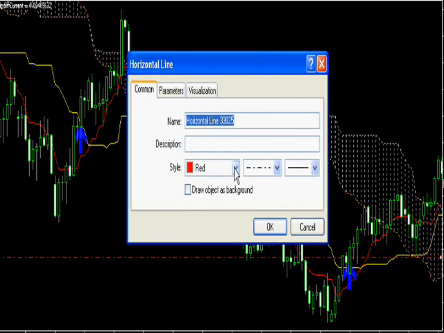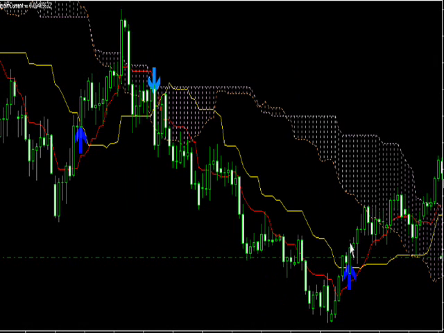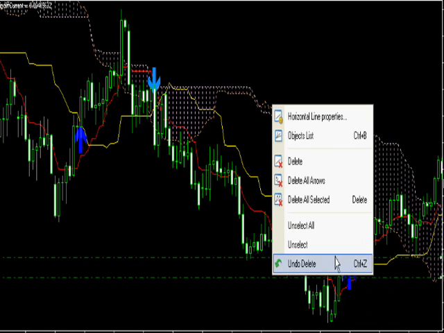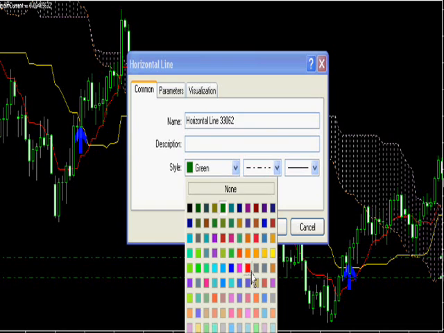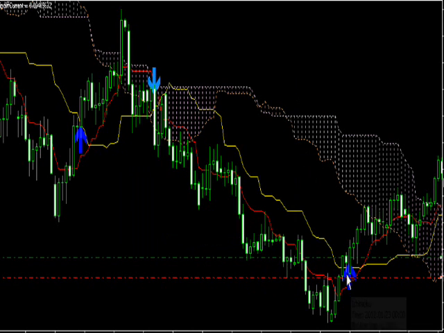Hang on, guys. Okay. Now you're in the market. You're going to look for the next logical place of support or whatnot to put your stop loss, which for this opportunity would be right here.